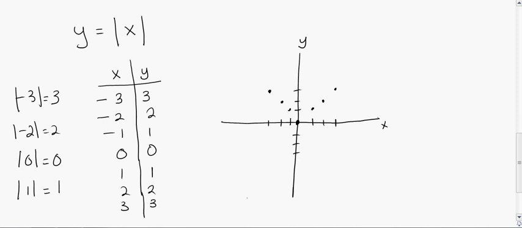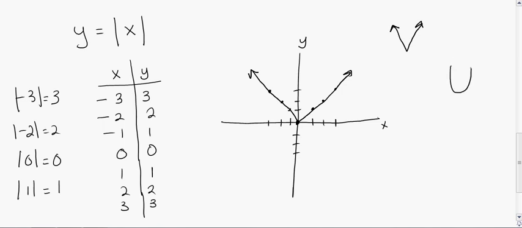And yep, you see all the points are up on the top half of the graph in the first and second quadrants. Go ahead and connect these. And you can see that I end up with this V shape. So all of my absolute value graphs are going to look kind of like that, like a V.